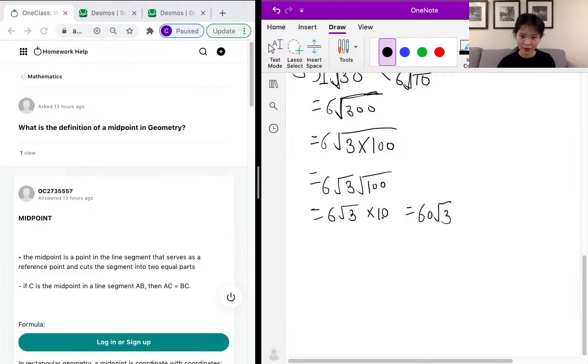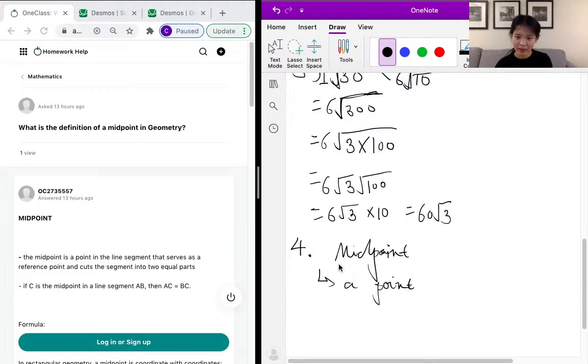I just like to do the questions in numbers. So our fourth question over here: what is a midpoint? A midpoint is at its core a point, which is obvious because it's called midpoint.